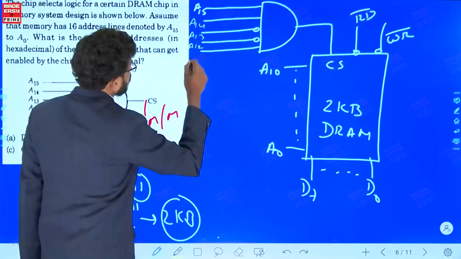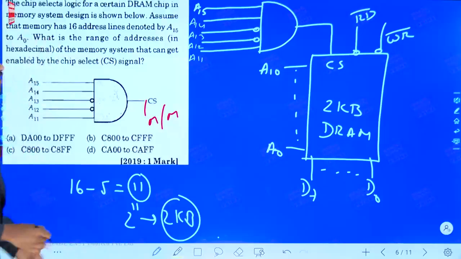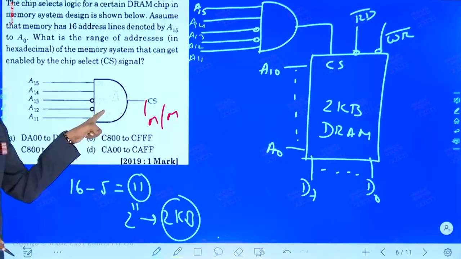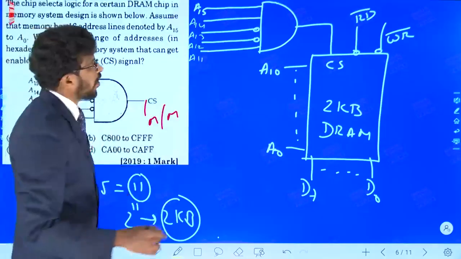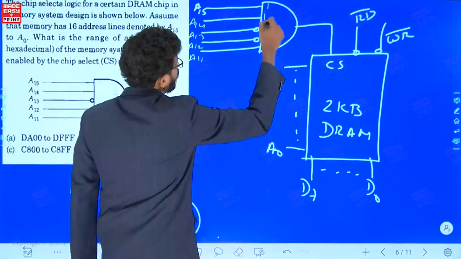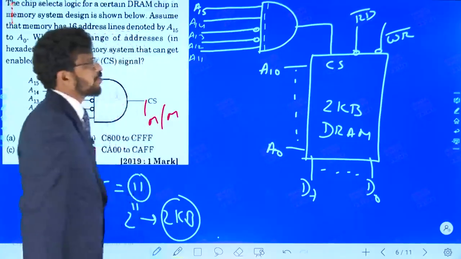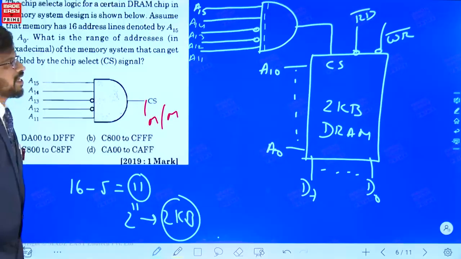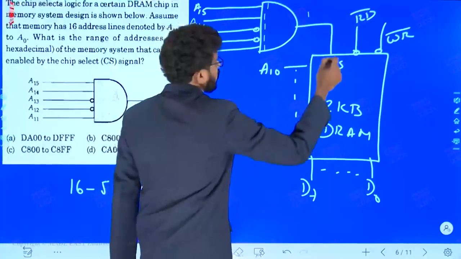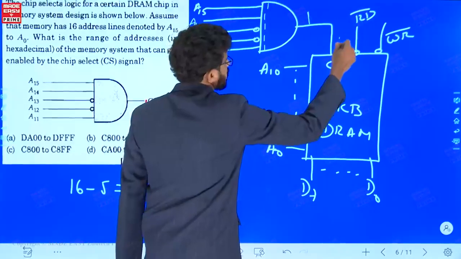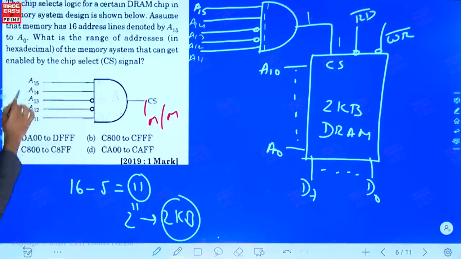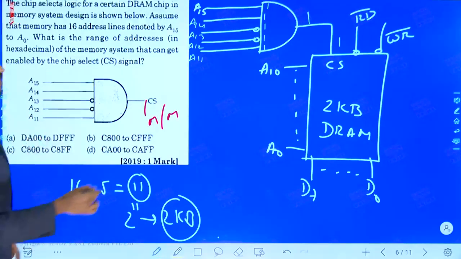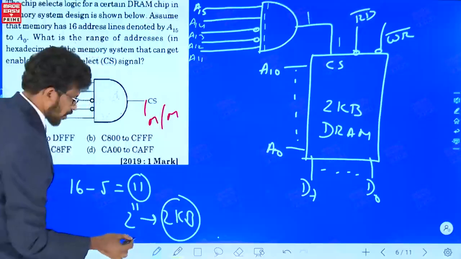What is the output of this gate required? Which gate is this? AND gate. So, for the AND gate, you have to see that all the input lines are high, 1, 1, 1, 1, 1. Then only the output will be 1, then only the chip select will be done. So, very simple. You tell me, these are directly connected. So, what must be the value?